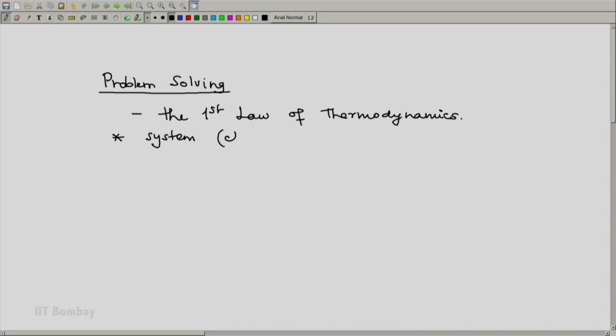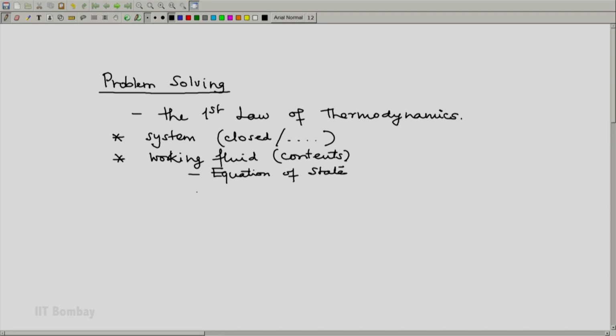Currently we will be looking at only closed systems, but it could be open. Then we have to look at the type of working fluid, that is the contents of the system, and in particular we have to look at its equation of state and we have to look at its energy relation.